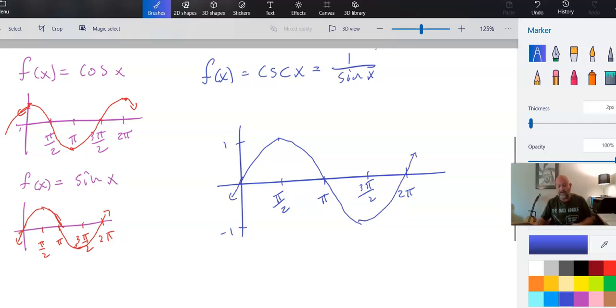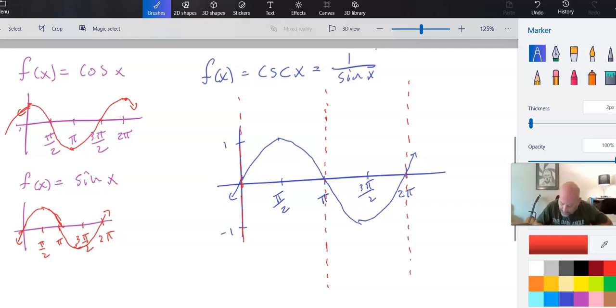So we need to figure out where our asymptotes are going to be. Anywhere sine is 0 is going to be an asymptote. So at 0, I have an asymptote, at pi I have an asymptote, and at 2 pi I have an asymptote.